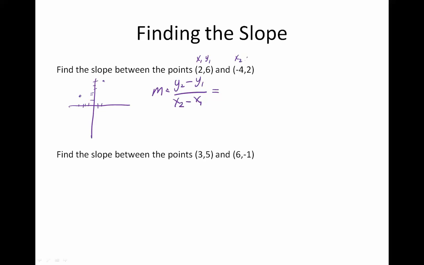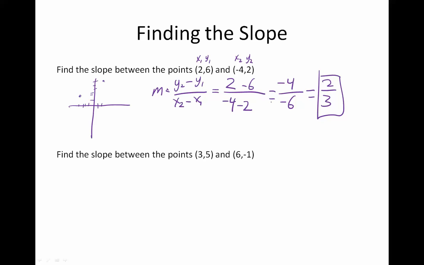This second point is x2, y2. So I'm going to take these values, y2, plug it in right there, 2, minus 6, over -4, because that's my x2, minus 2, because that's my x1. And then I just calculate this. This is 2 minus 6, which is -4. And this is -4 minus 2, which is -6. And when we reduce that, I get 2/3. So the slope of this line is 2/3.